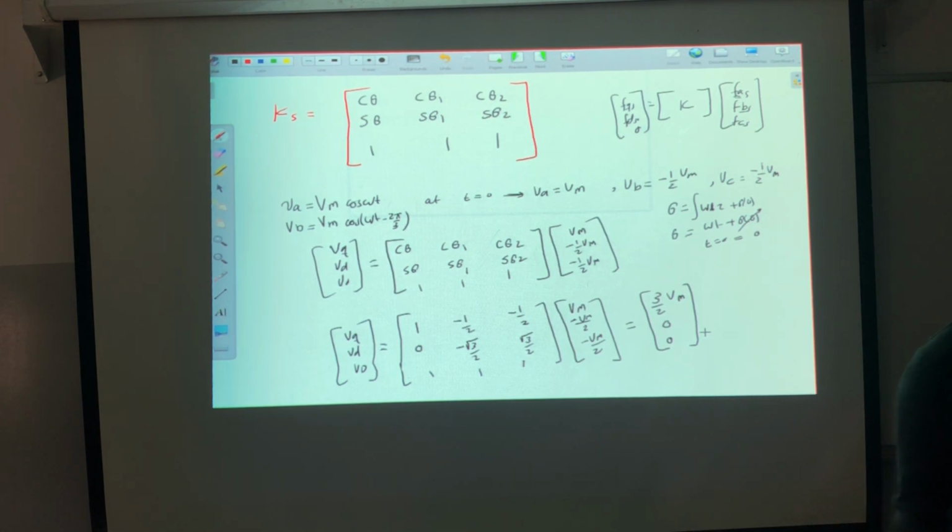So someone will say, add here what? 2 over 3. Now simply here would be 1 over 2, in the transformation matrix. So 2 over 3 and this will be 1 over 2, 1 over 2, 1 over 2.